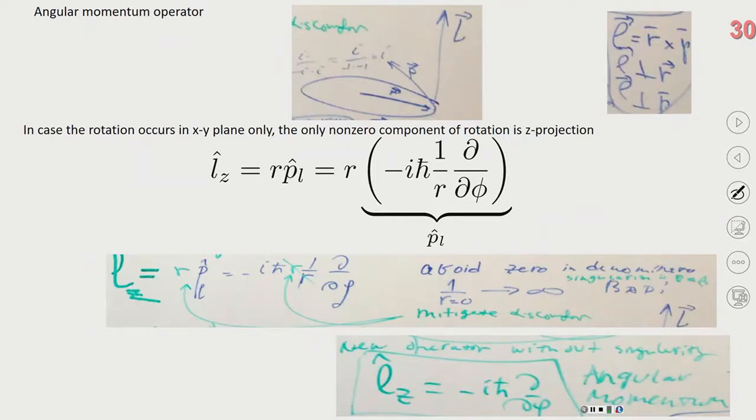Then the cosine between them will be 1, and the z projection of angular momentum would be radius times momentum parallel to this arc length. Be careful. It's not super important, but if you decide to follow, do not slip.